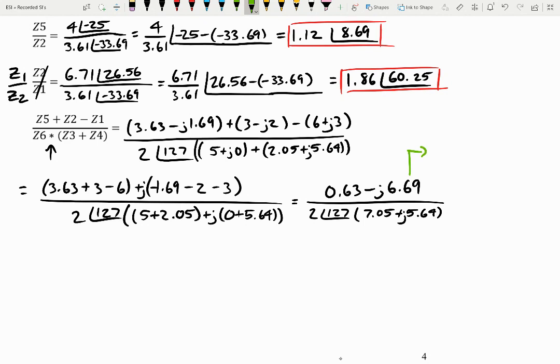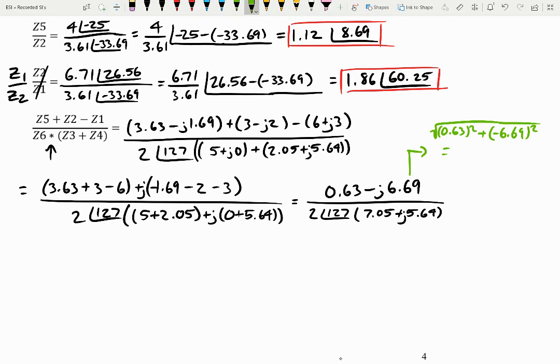I'm going to take this part up here in green. So the square root of 0.63 squared plus negative 6.69 squared. Make sure we're doing that right.